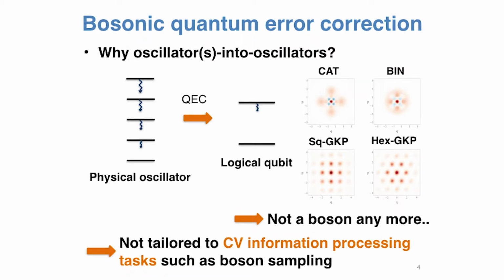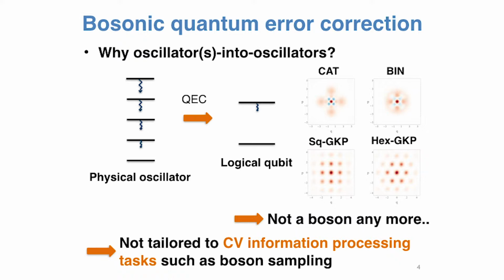Before going to that, why do I want to do this bosons into bosons? The reason is, if we take the usual way of doing bosonic QEC, where we encode a qubit out of the oscillator, then although our native physical system is bosonic in nature, the outcome in the end is a qubit.